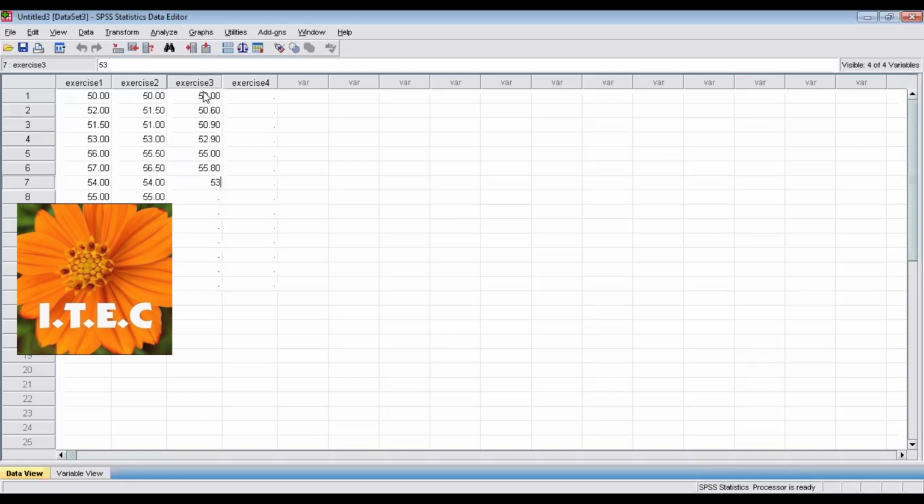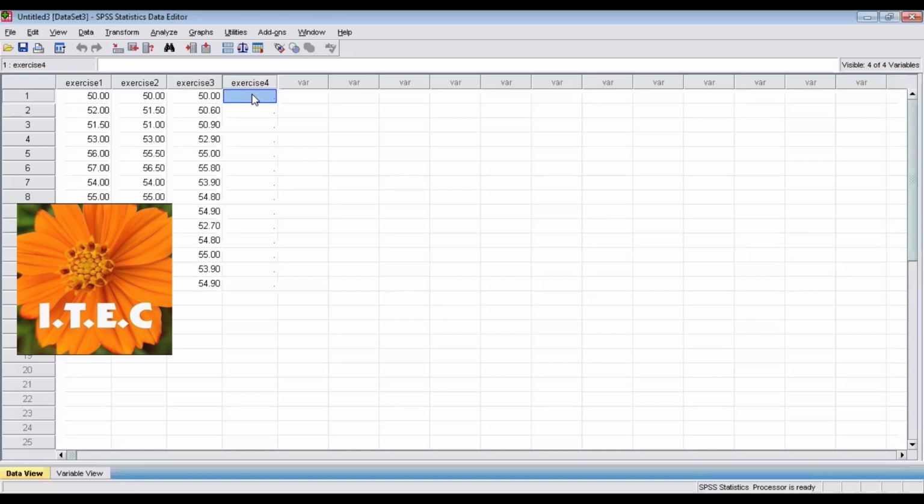It might be 53.9 here. It might be 54.8 here. It may be 54.9 here. 52.7 here. It might be 54.8 here. It might be 55. It might be 53.9. And it might be 54.9.